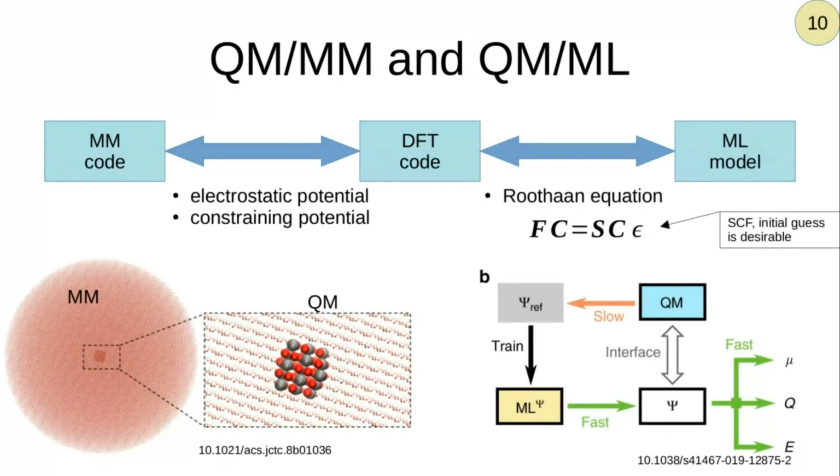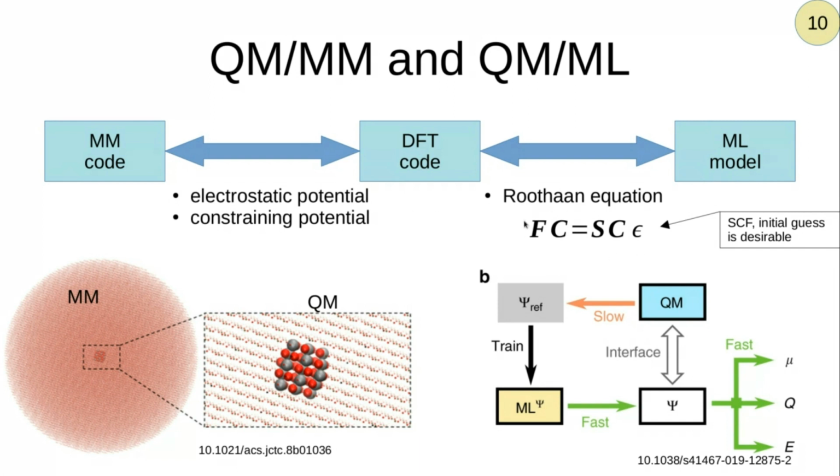If you want to speed up your calculations with density functional theory, then machine learning models can help you here. The core part of most DFT codes is the Roothaan equation. That's essentially the approximate expression of density functional theory in matrix form. You can see this equation here.